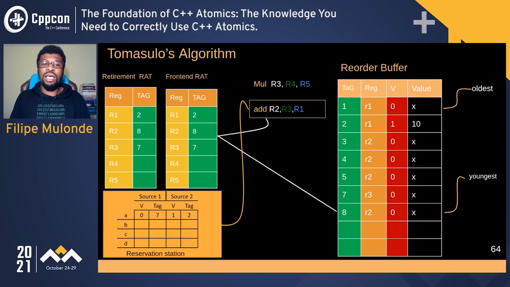Now, let's see how dynamic instruction scheduling works. Dynamic instruction scheduling is implemented as a variation of Tomasulo's algorithm. Here, we have the retirement register alias table that we use to update the architecture state. And we have the front-end register alias table that we use to perform register renaming so that we can eliminate anti and output dependencies.